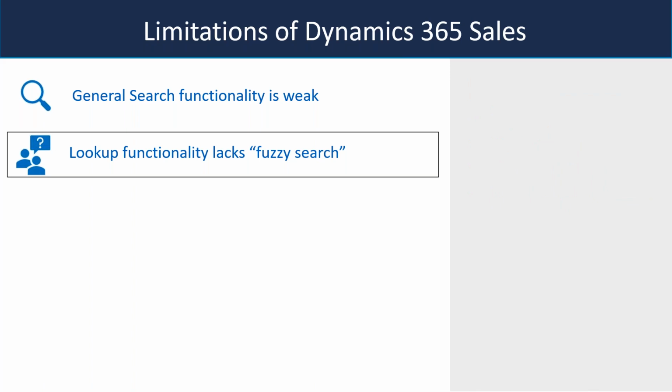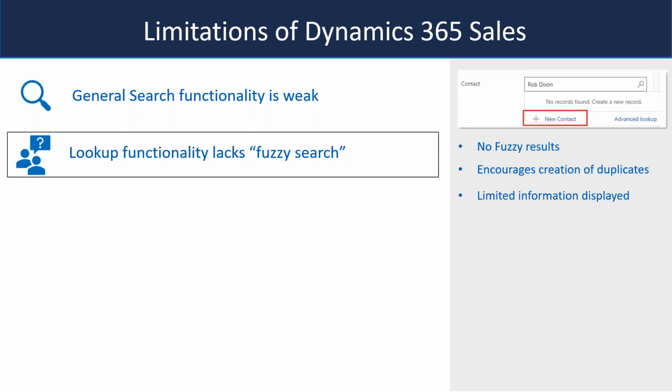And then there's the lookup functionality in CRM, right? So whether you're an opportunity or case or some other record linking back to an existing record, there is no fuzzy result whatsoever, okay? That can be a serious problem because if you put in something that doesn't have a match, guess what? It says, hey, no records are found. Why don't you create a new contact, right?